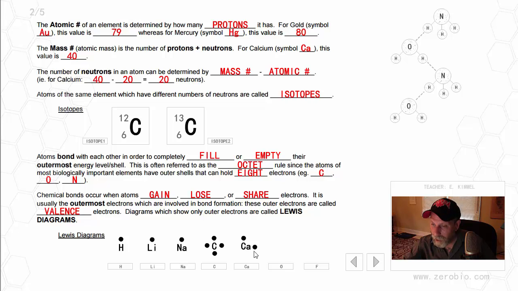If there was a third one, I'd put it underneath, and then the 4th one over there, but calcium has a valence of 2. And so do all of those alkaline earth metals. Remember, you have alkali metals on the left, then alkaline earth metals: beryllium, magnesium, calcium, and barium. They all have 2 outer valence electrons, and that's what determines how they're going to react.